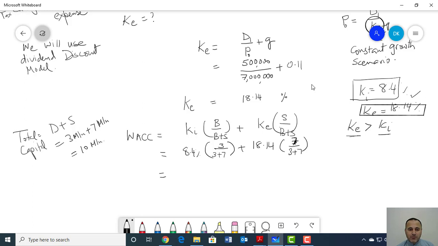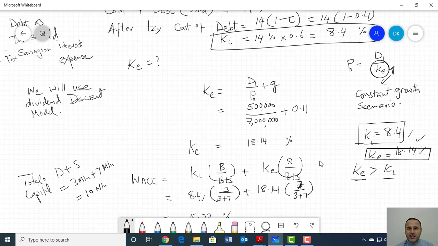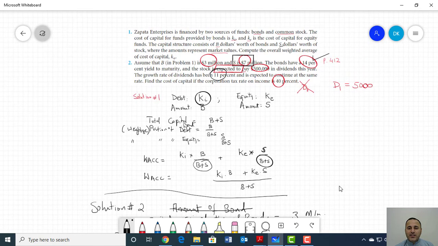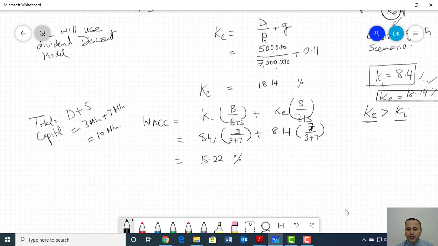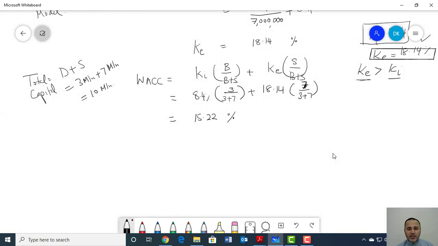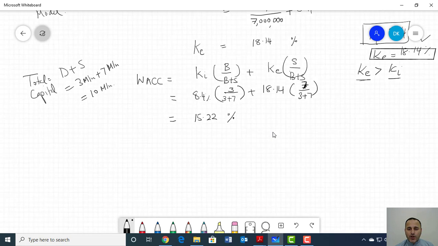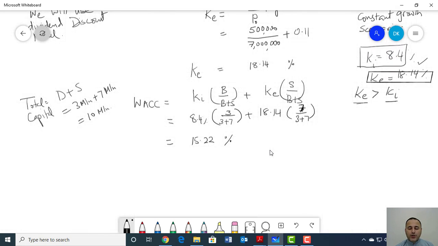If I multiply all the numbers together, my weighted average cost of capital is 15.22%. As I said, one of the benefits of WACC is that it's a single rate which satisfies the expectations of all stakeholders, like the bondholders and the shareholders.